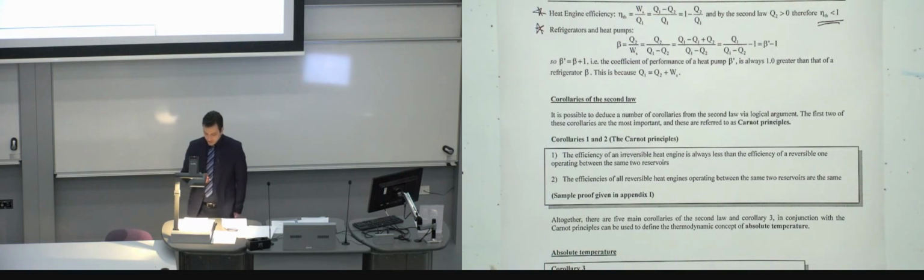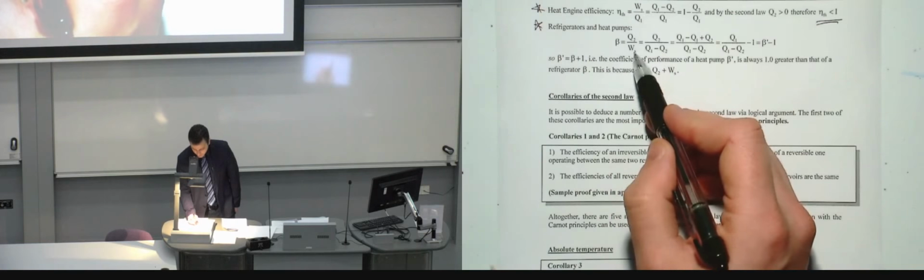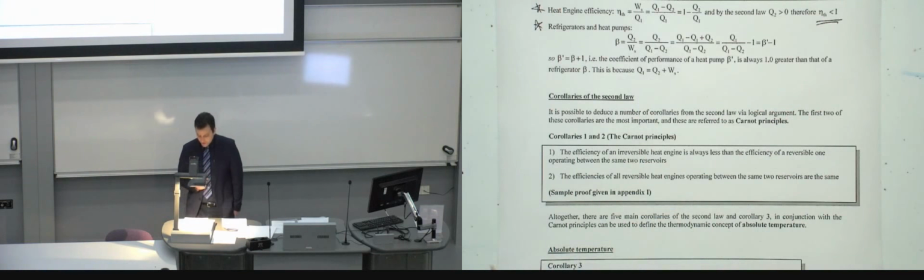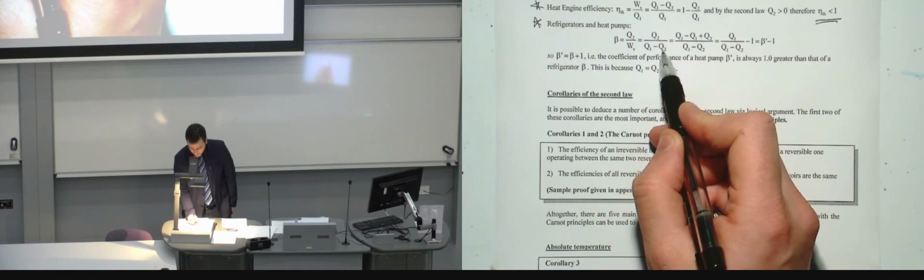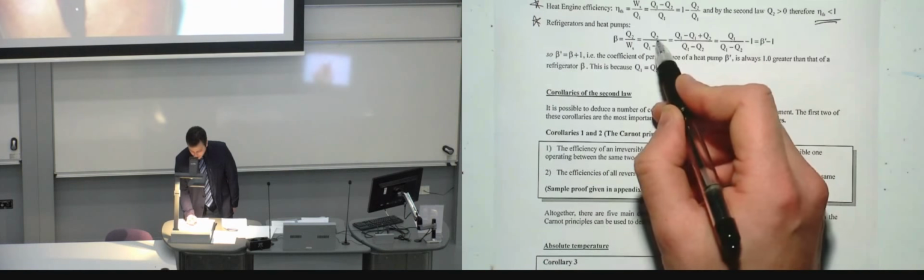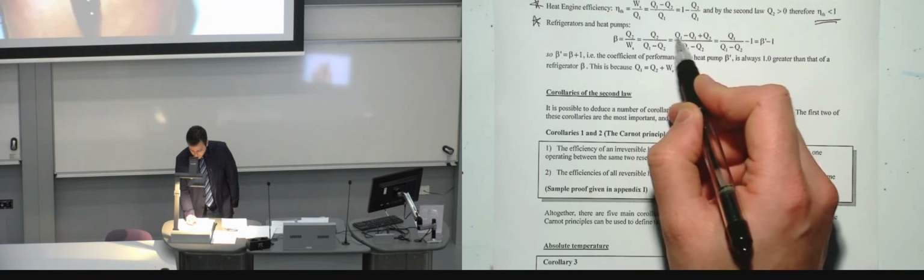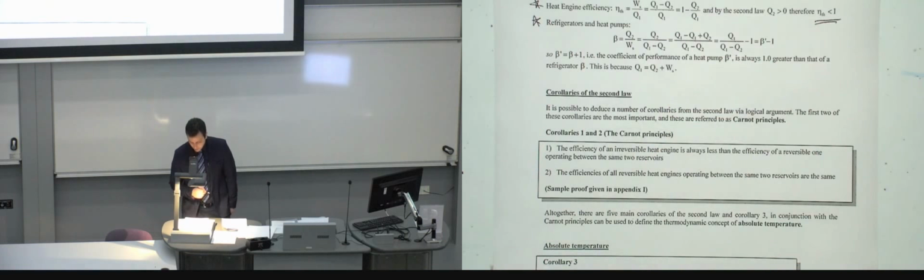When it comes to the refrigerators and heat pumps, we have Q2 over Ws. That's what we defined on the previous page. Ws, I'm going to rewrite as Q1 minus Q2. In the numerator, I'm just going to introduce minus and plus Q1, and we'll see in a moment why we do that.